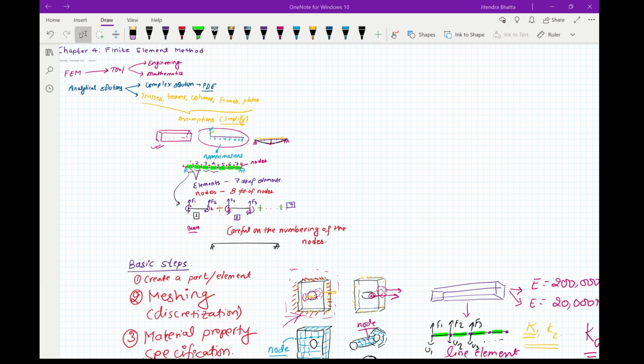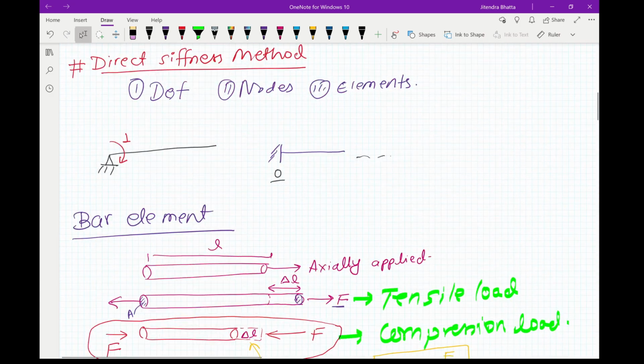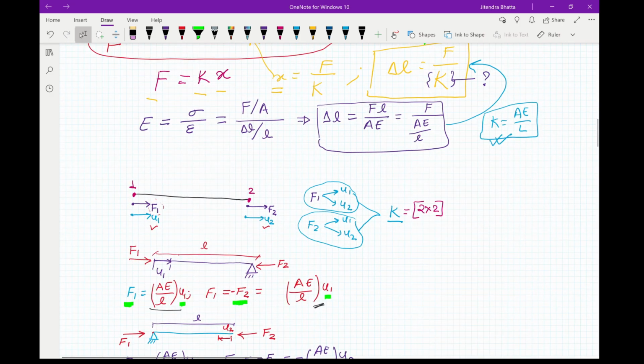Hello everyone. In the last session, we looked into the introduction of finite element method and its procedures. Then we moved into the derivation of the stiffness matrices of bar element in which the load is actually applied.